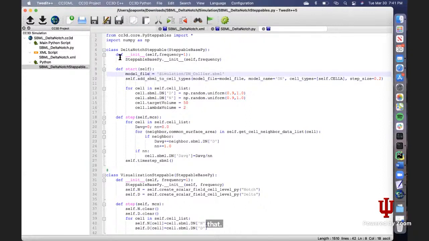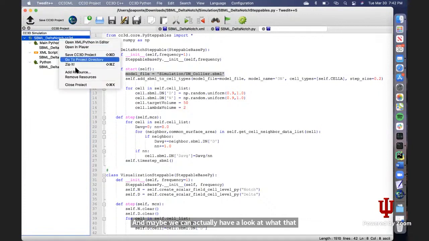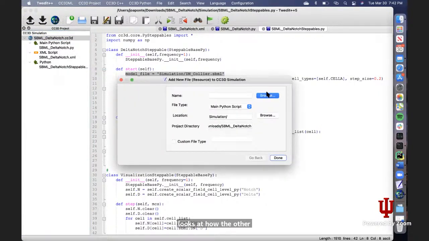I have this delta notch steppable class that defines this model file, a reference to a file that contains the model that James was just describing as an SBML. And maybe we can actually have a look at what the file looks like.